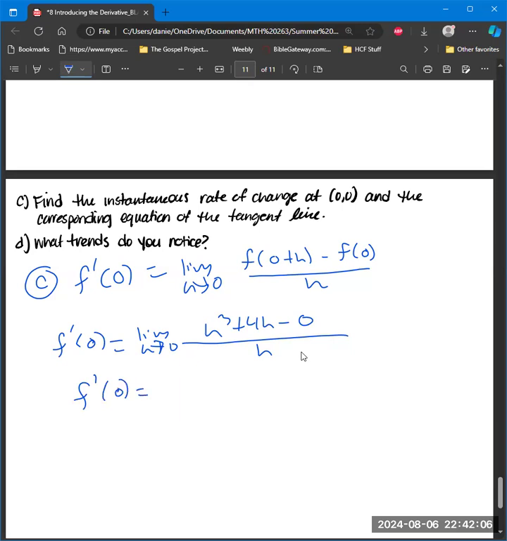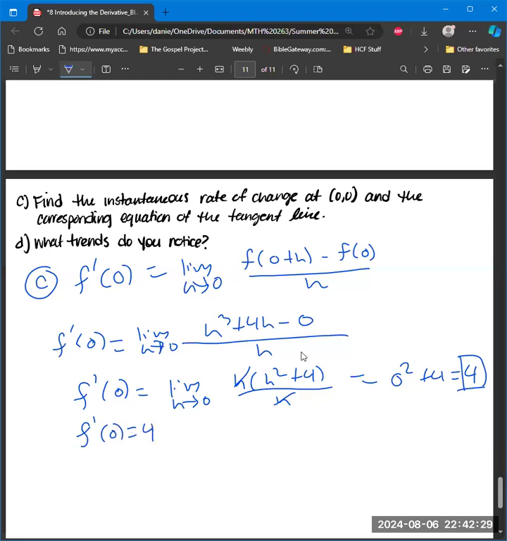We're going to factor an h out here. We're going to do direct substitution. We'll say that our answer is 4. So that means that f prime of 0 is 4, and that's the slope of our tangent line at 0, 0.